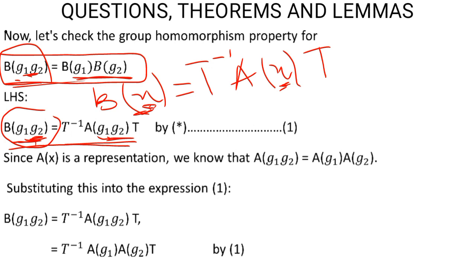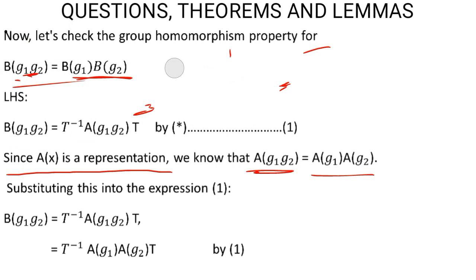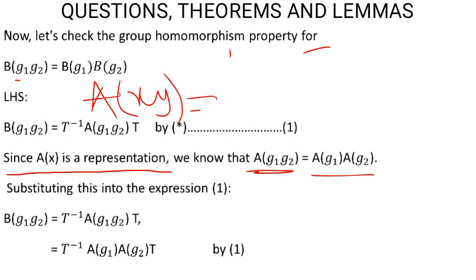Now, since AX is a representation, we know that this AX will satisfy this condition. Again, you know what a representation is, don't you? AX is a representation, meaning that AXY is the same thing as AX times AY. That's what it means.